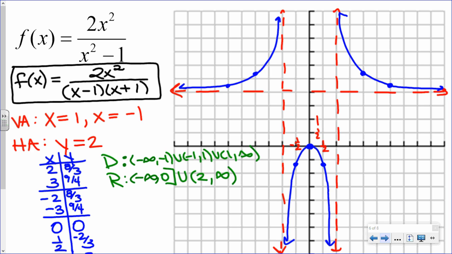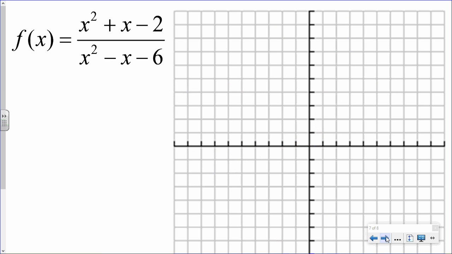All right. Gotta get through this example right now. Okay, our first step is to factor.